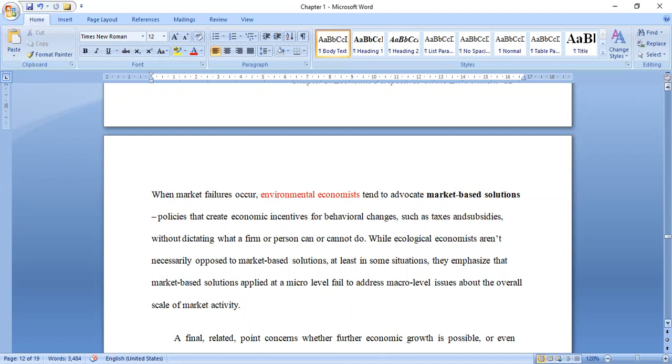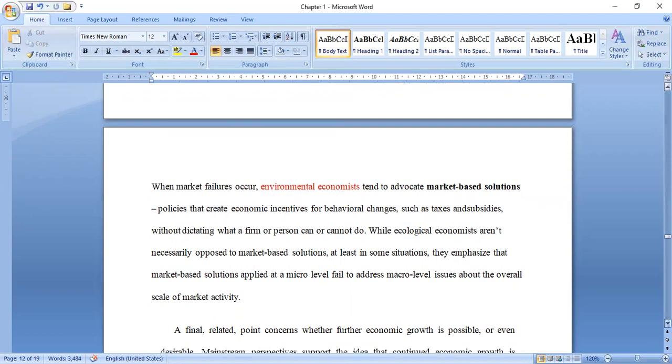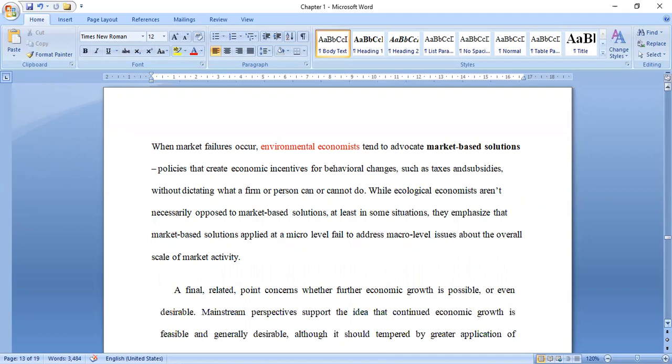So we are still looking at the differences between these environmental economists and the ecologists. Some people use the words synonymously, but there is a difference, right? Environmental economists advocate for market-based solutions. We've already seen that they attach value to environmental goods and services, and so they also advocate for market-based solutions.